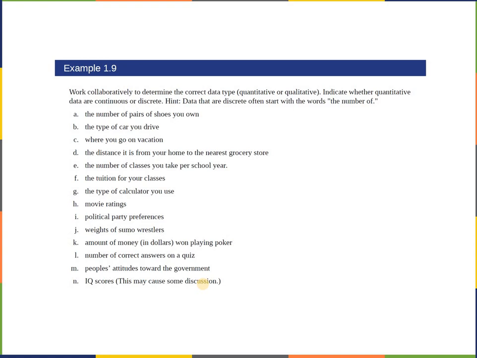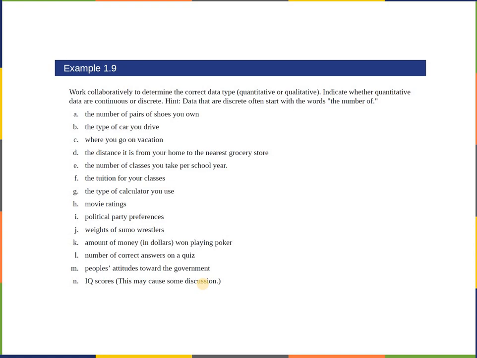Movie ratings could be 1 star, 2 stars, 3 stars, 4 stars, 5 stars, if I understand that correctly. Now, if that is correct, then it's going to be quantitative. And because we can have 4.5 stars as a rating, I'm going to say this is continuous. Political party preferences. This is going to be qualitative, categorical.